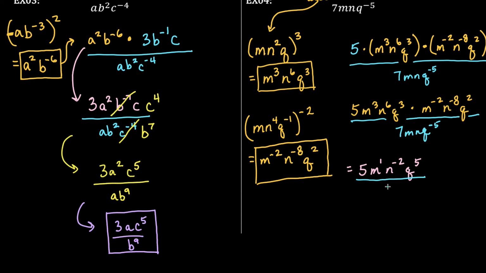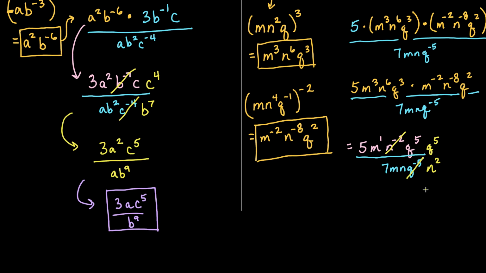Over 7m and q to the negative 5. So let's switch places. N to the negative 2 comes down here and becomes positive. This q to the negative 5 goes up here and becomes positive.